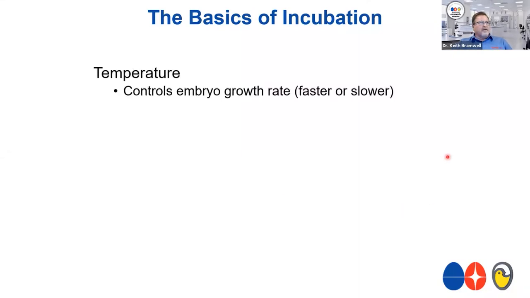I won't spend a lot of time on this. We all know this. Temperature controls embryo growth rate, essentially faster or slower. There are consequences of either, but temperature really controls the rate of growth of the embryo. Humidity really controls our moisture loss. We have to have a certain amount of moisture loss, not too much, not too little, but the humidity controls that.